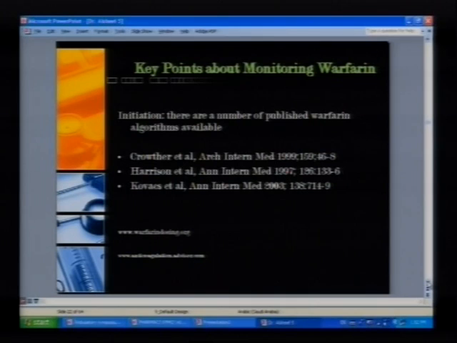This is a free website, and it integrates the genetic testing, CYP2C9 and VKORC. The other one is anticoagulationadvisor.com, and it's available on iPhone and any personal digital assistant, in Palm, and it is really practical. But it has a fee, like $25.